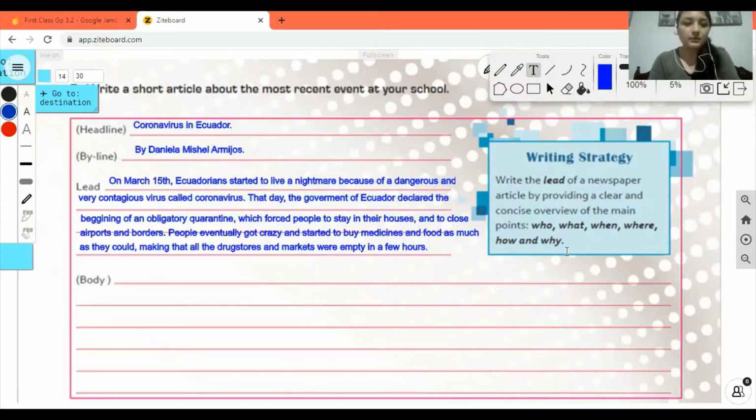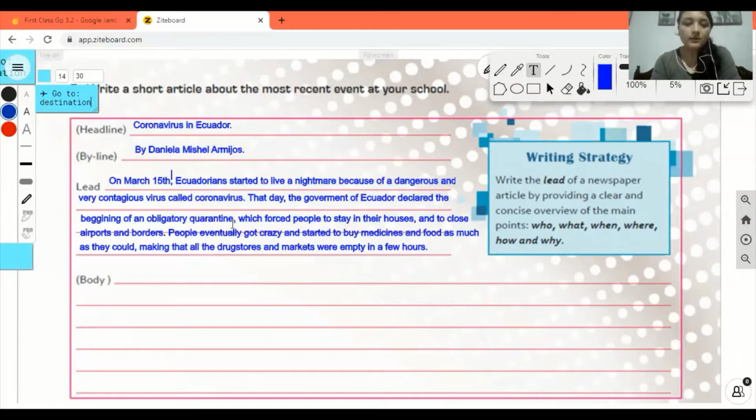When, and it's exactly the date here, March 15. What happened? The government of Ecuador declared the beginning of obligatory quarantine. And how: people had to stay in their houses, people went crazy and started to buy medicines and food. And why? Because of this virus.